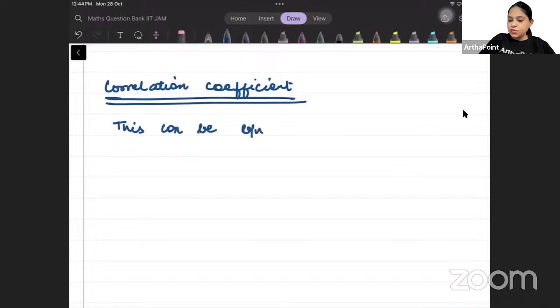So basically, this can be between -1 and 1, rather than 0 and 1.